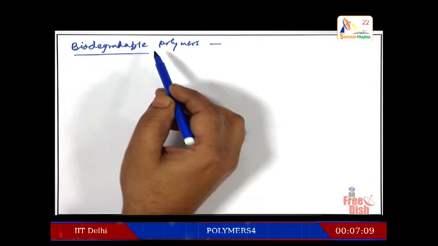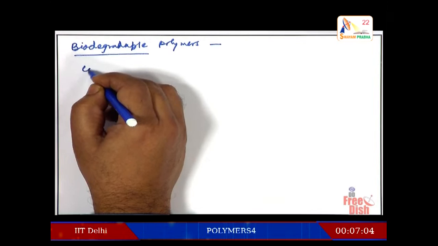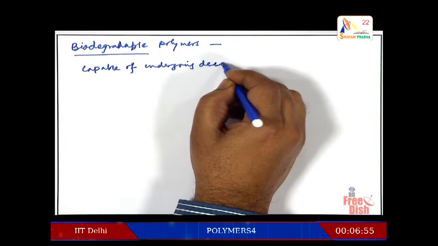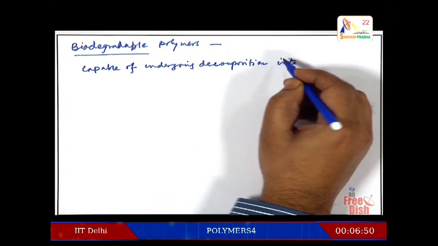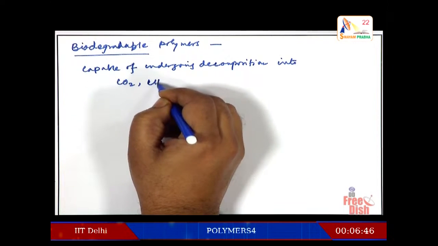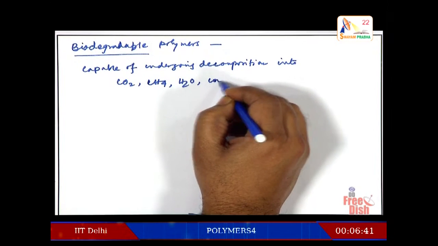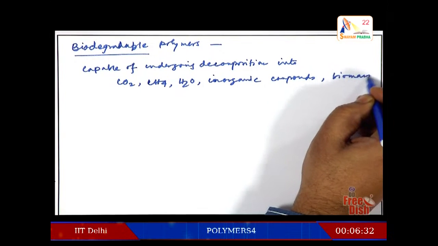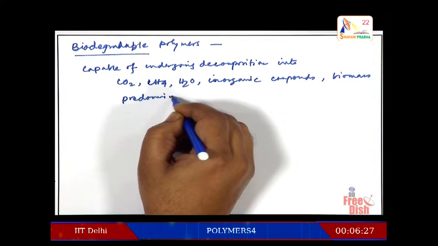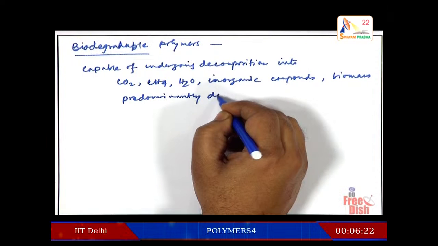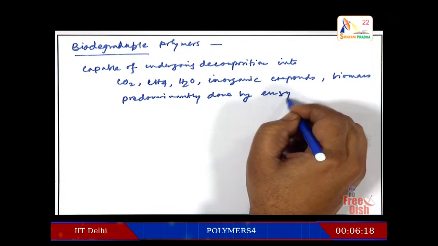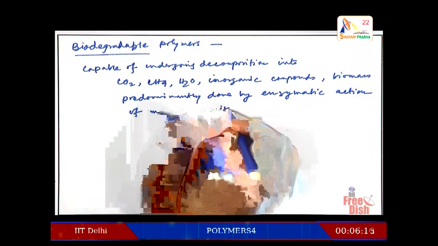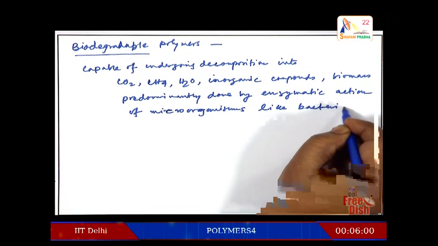And by definition, what is a biodegradable polymer? It is a polymer capable of undergoing decomposition into carbon dioxide, methane, water, inorganic compounds and biomass, predominantly done by enzymes.